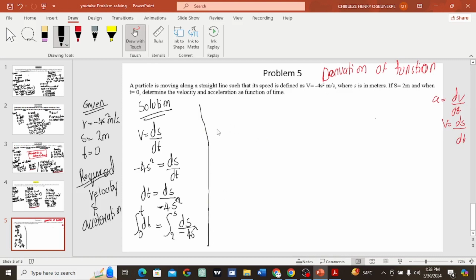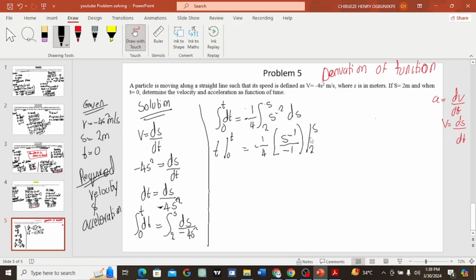Finding the value of s, the integral of dt from 0 to t equals negative 1 over 4 times the integral of s to the negative 2 ds from 2 to s, equals negative 1 over 4, open bracket, x to the negative 1 all over negative 1, close bracket, the limit from 2 to s.